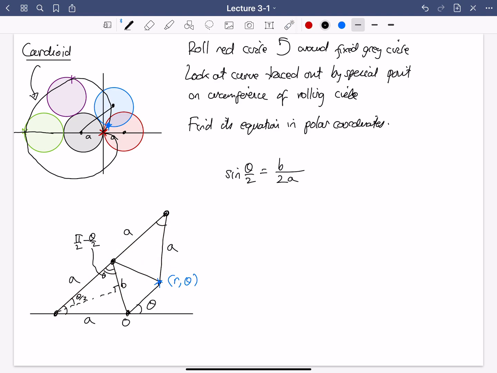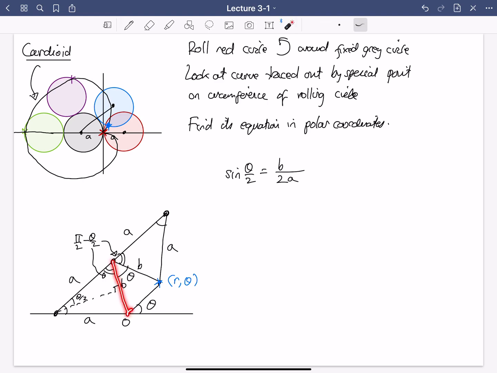So in exactly the same way, this is going to be b here, and that is also going to be pi over 2 minus theta over 2. So then we can think, what's this angle right here? This is a straight line, so that's pi. But from that and that, I've already got pi minus theta. So that means that remaining angle there must be just another theta.